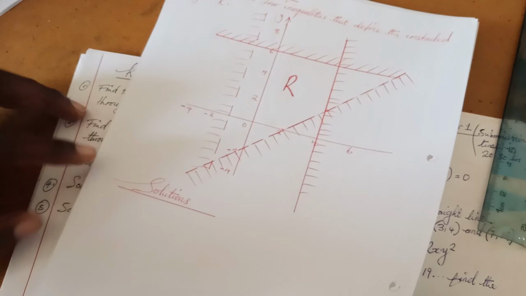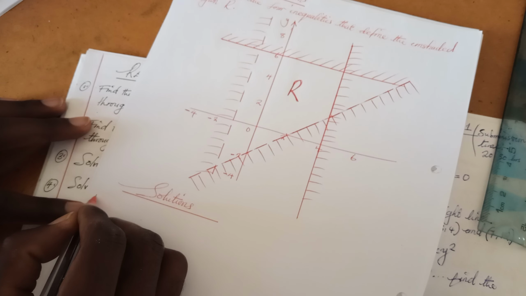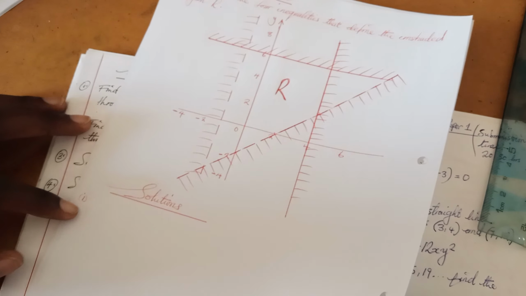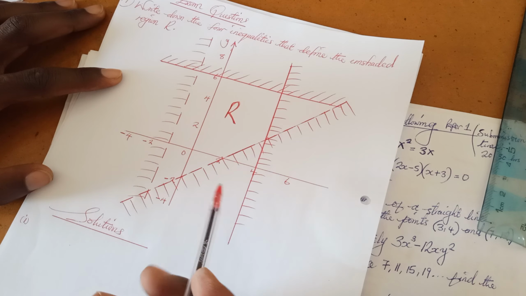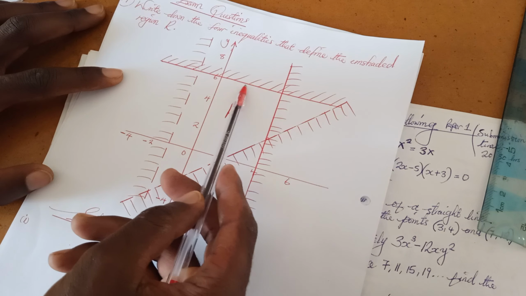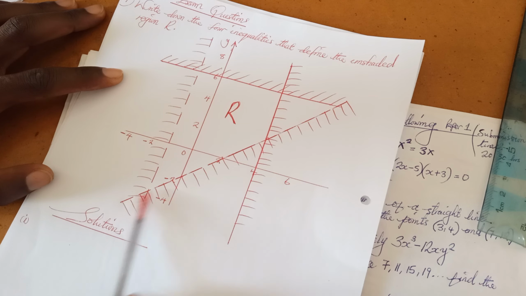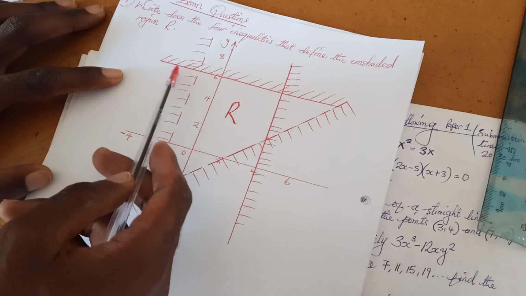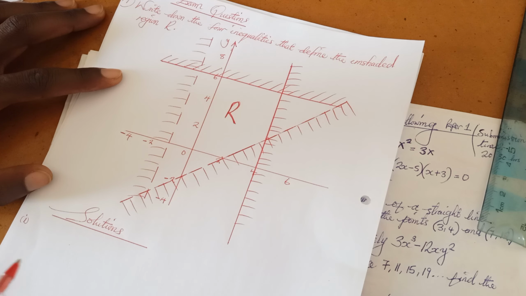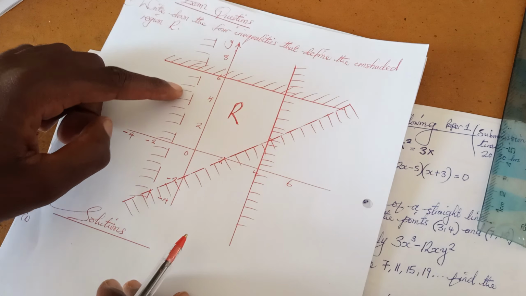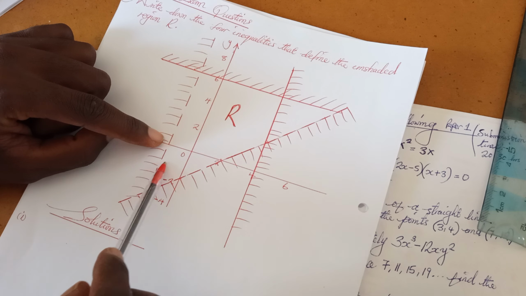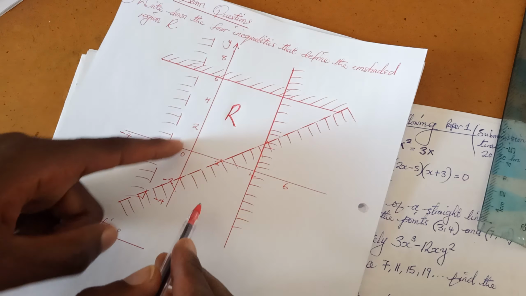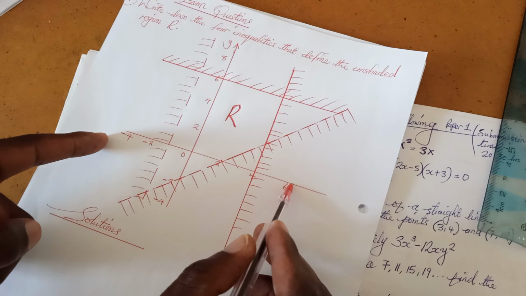Now, solution. We start with the first one. Number 1. So we are going first to start with just these lines. As you can see, we have 1, 2, 3 straight lines, and also 1 sloping line. So let's start with these straight lines. We're going to start with this dotted line. Now, when you look at this dotted line, you see that this is an x-y plane.